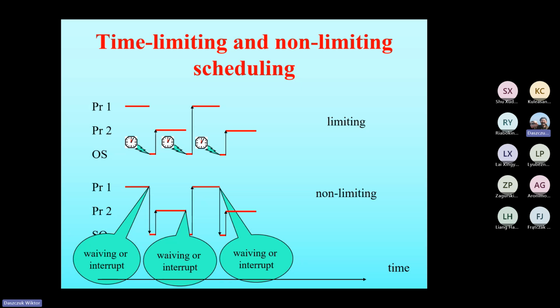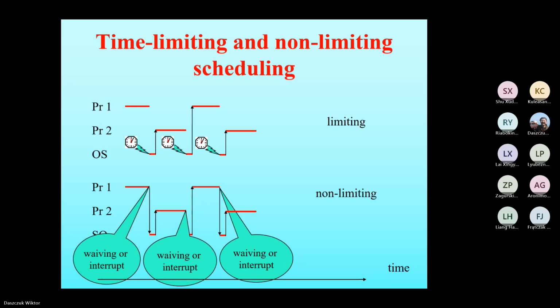Process 1, process 2, process 1, process 2. We guess that it comes from round robin algorithm. When the taking back of the resource is because of waiving from using the resource, it is non-limiting the time.